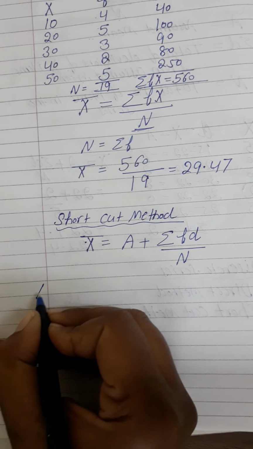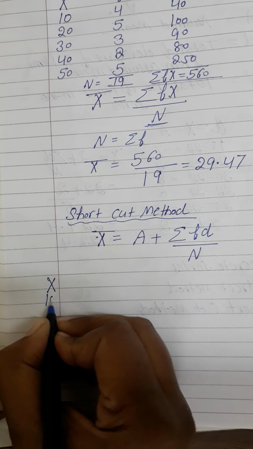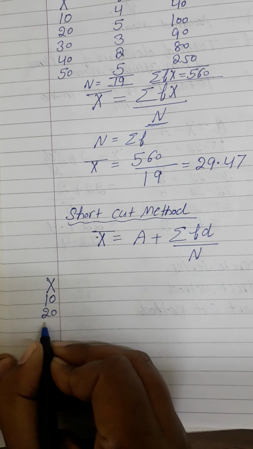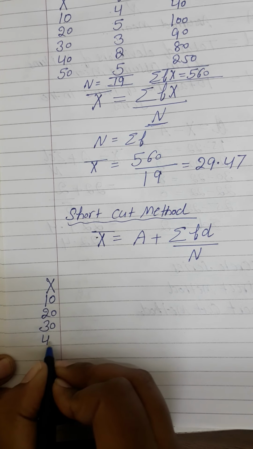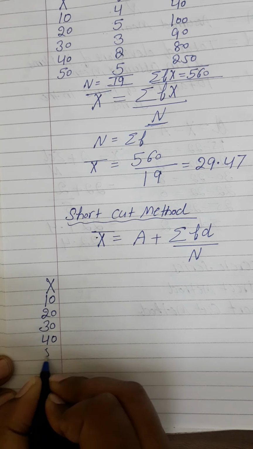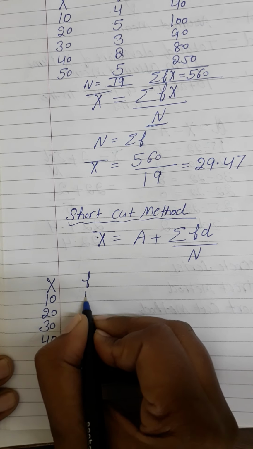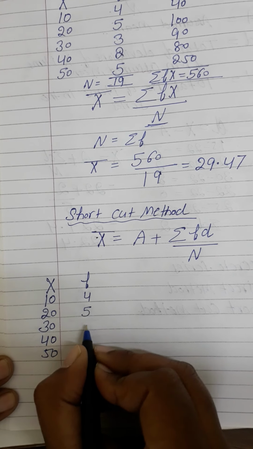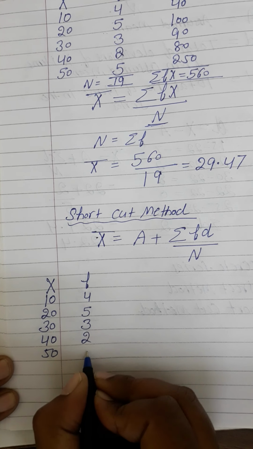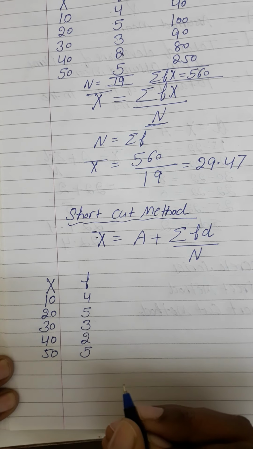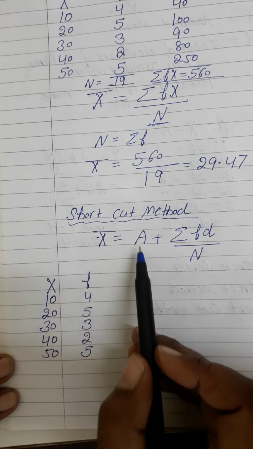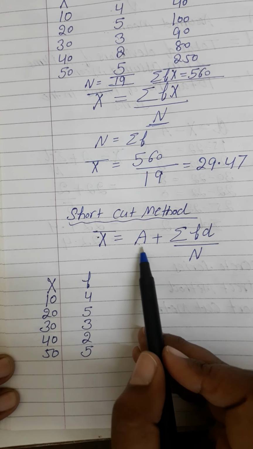Here the value of x is again 10, 20, 30, 40, 50, and the value of f is 4, 5, 3, 2, 5.